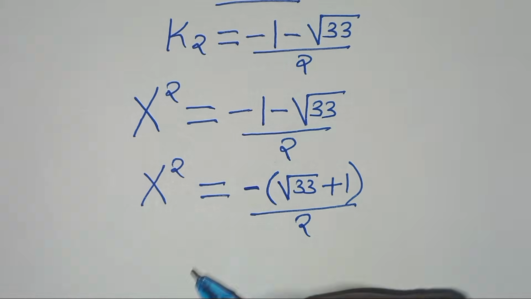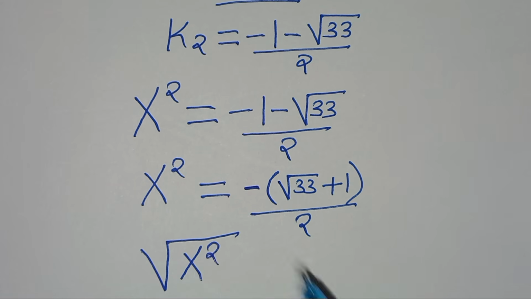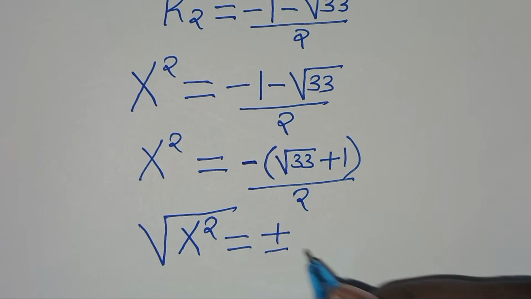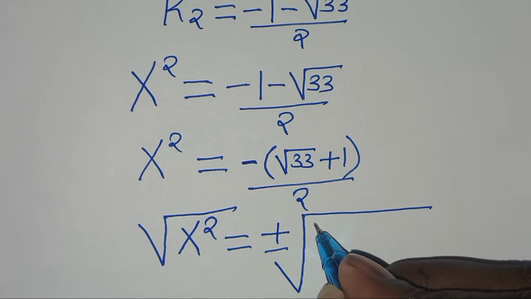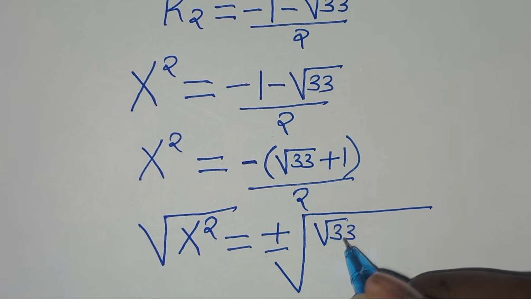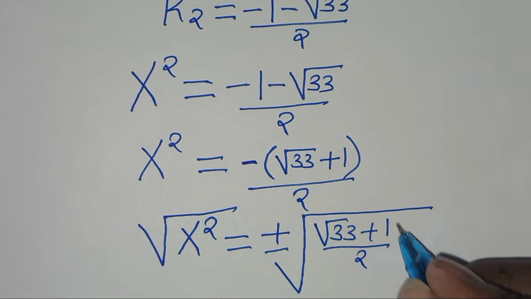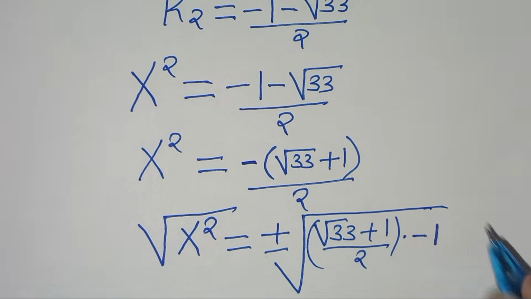To solve for the value of x, let's introduce a square root on both sides. We have the square root of x to the power of 2 equal to plus or minus the square root of root 33 plus 1 over 2 multiplied by -1.